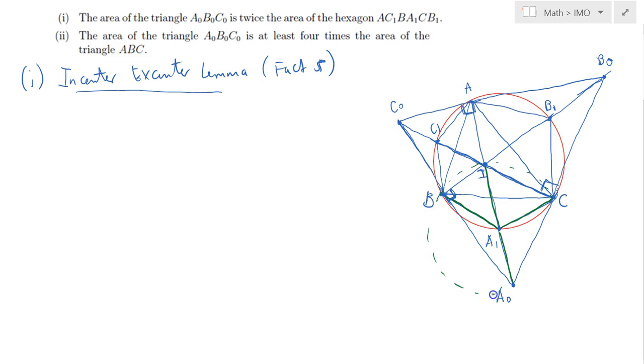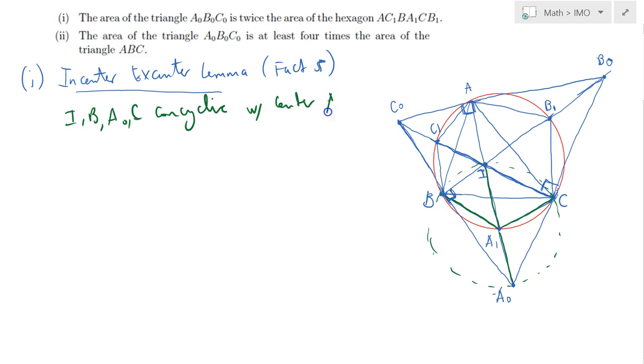So these 4 points are concyclic by that lemma. So let's write that down. I, B, A0, C. These points are concyclic, and the center of that circle is A sub 1.